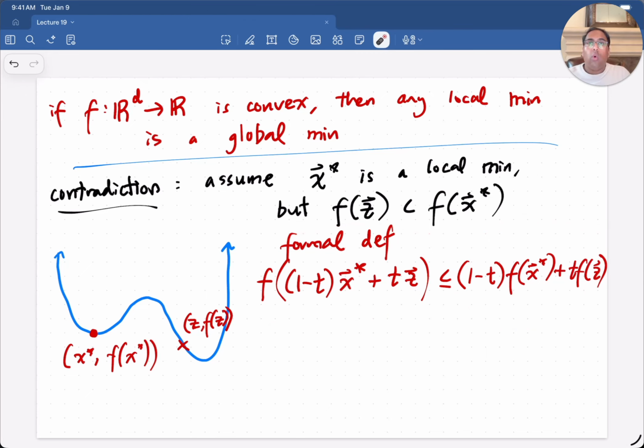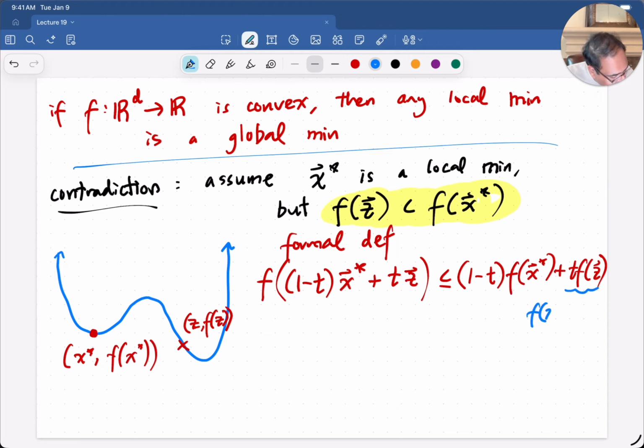Okay, what does this tell us? Well, really all we know, based off of the setup of our proof by contradiction, is that f of z is less than f of x star. Okay? And so what does that tell us? It tells us that this piece here, and I know it's kind of hidden, this piece, f of z, is less than f of x star, right?